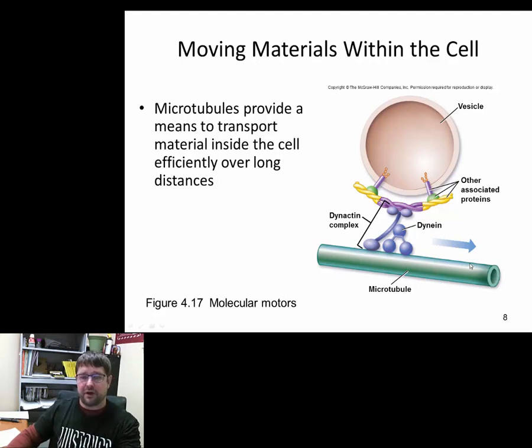When it gets there, it enters the cis side, exits the trans side, and then travels along microtubules to wherever, maybe the plasma membrane, or maybe it's part of the lysosome, or maybe it's traveling to the mitochondria. But vesicles are not just floating in the cytoplasm or the cytosol. They're actively carried along these microtubule channels.